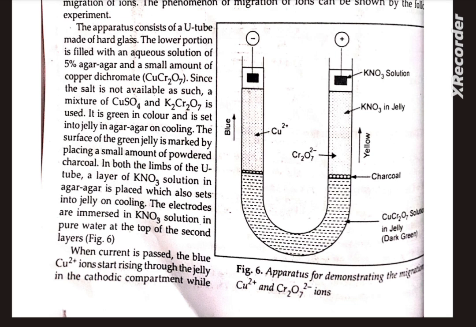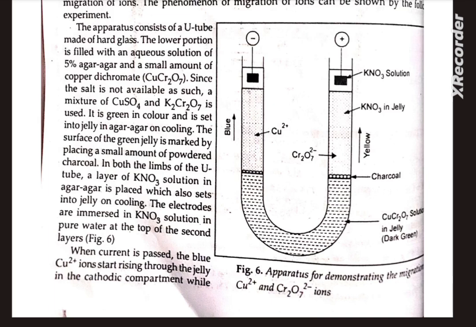The surface of the green jelly is marked by placing a small amount of powdered charcoal in both the limbs of the U-tube, and a layer of KNO3 solution in agar is placed, which also sets into jelly on cooling. The electrodes are immersed into KNO3 solution in pure water at the top of the second layer.